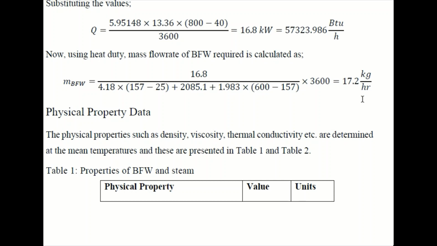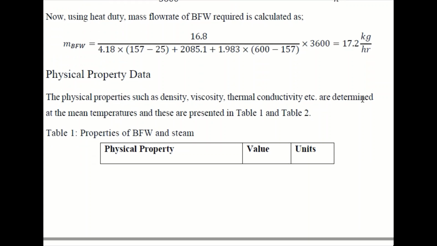The next step is to calculate the physical property data. We need to collect a lot of physical properties like density, viscosity, and thermal conductivity. We can either determine these physical properties using the SPAN, or we can use the different correlations that are available in literature, with empirical values like A, B, C, which are specific for each component and determined experimentally.